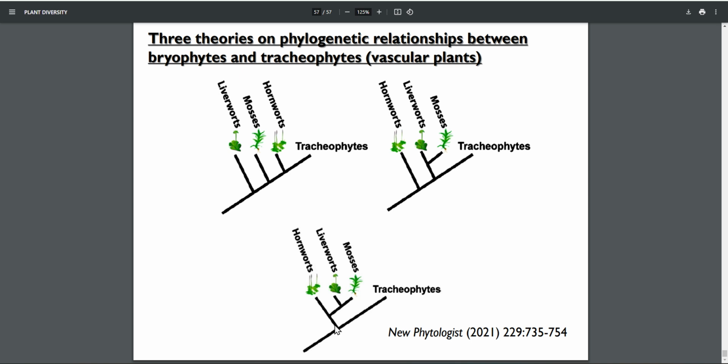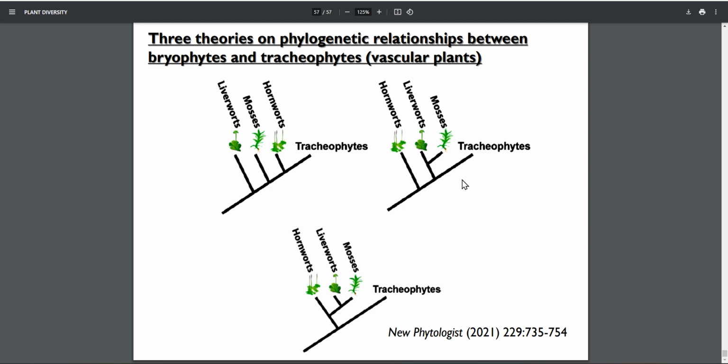But again, hornworts evolved first, and then another common ancestor arose and evolved into liverworts and mosses. So they still believe that mosses and liverworts are more related to each other compared to hornworts. And then finally tracheophytes, which did its own thing.